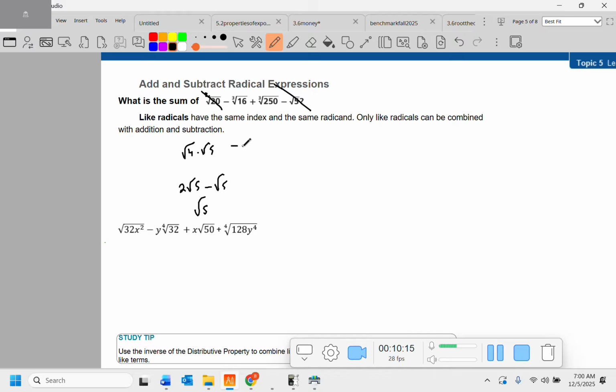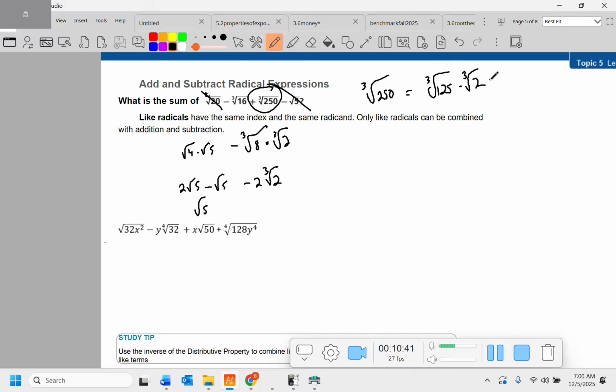Let's say we have a minus cubic root of 16, which is 8 times the cubic root of 2. All right, well, the cubic root of 8 is 2, so minus 2 cubic roots of 2. And here we have the cubic root of 250. Now, I happen to know that the cubic root of 250 is the cubic root of 125 times the cubic root of 2.